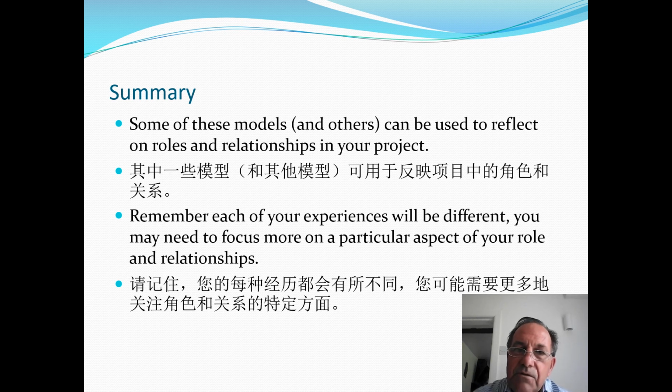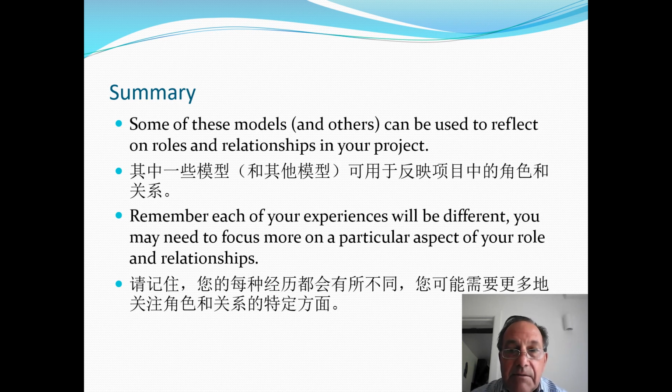So the roles relate to your role as a consultant, and the role that you took within the team, and the relationships that you need to reflect on relate to the relationships within your team and with team members, but also with your client and related individuals. And remember, each of your experiences will be very different. So you may need to focus on more of a particular aspect of some of the areas considered today.